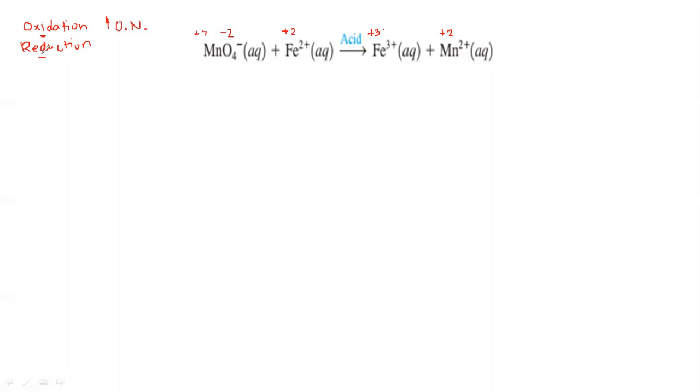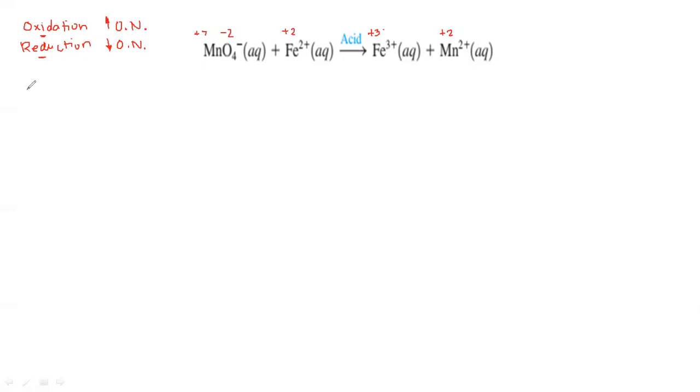And for reduction, letter D, for decrease in oxidation number. In our redox reaction, manganese at the left side has +7 and at the right side now has +2.